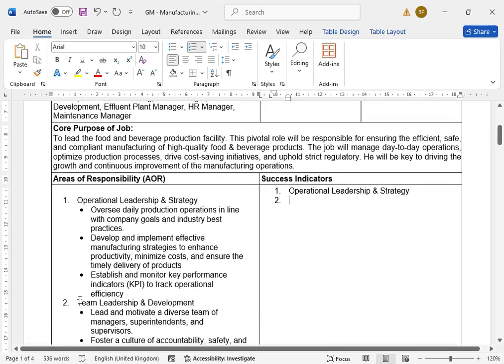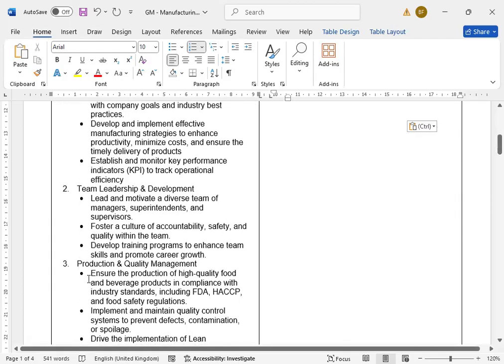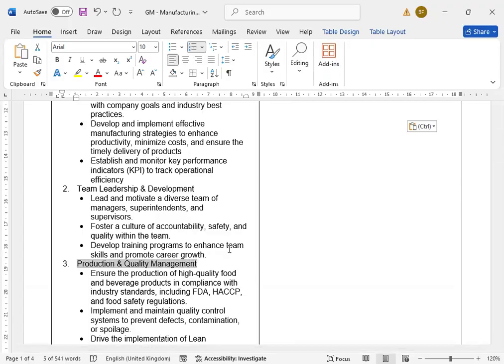I'm going to copy this, then paste it there. Then number three, I'm going to copy it so that we know what the success indicator is for each key responsibility.